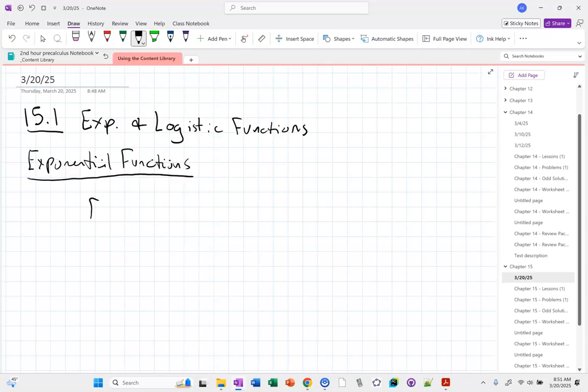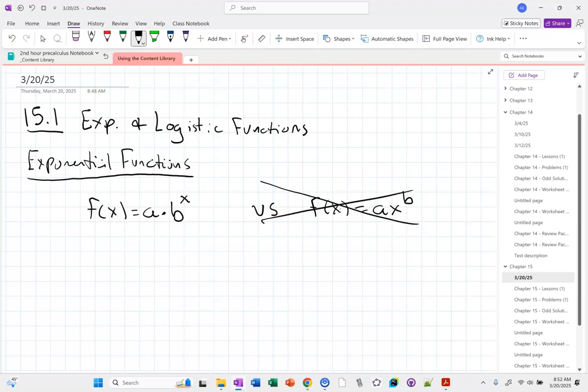And when I say an exponential function, that means it's something that we can write in the form a times b to the x. Notice the location of the x is in the exponent. Everybody catch that? That is our defining characteristic of an exponential function: the variable is in the exponent, versus a polynomial or a power function that might look like this, right?